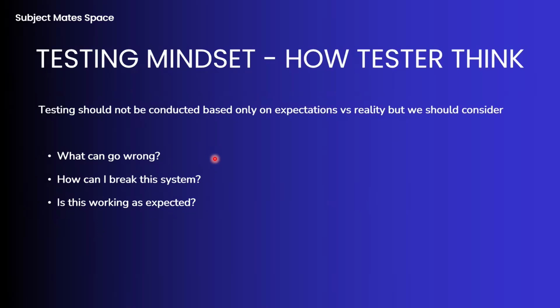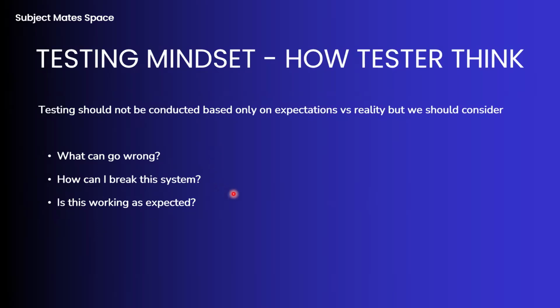But if it does, then that is definitely an issue. So testers should always break the application and check whether both positive and negative scenarios are working fine according to the functionality.